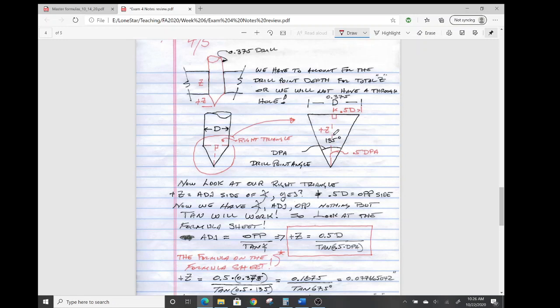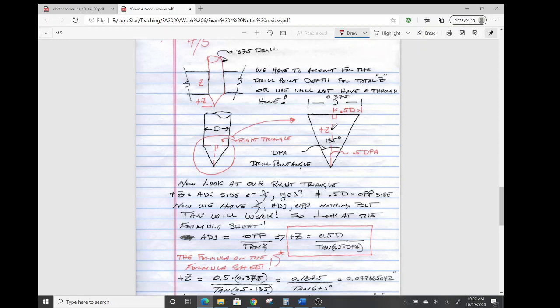We know the angle because we have a 135-degree drill point. You divide that by 2. So what do we use? We have to use tangent, right? You've got angle, opposite, adjacent.